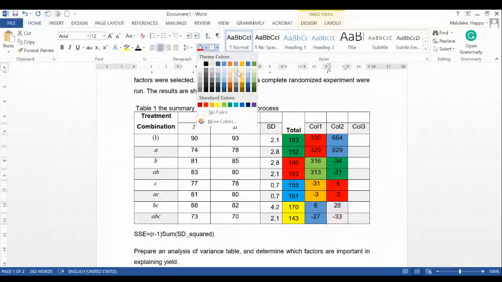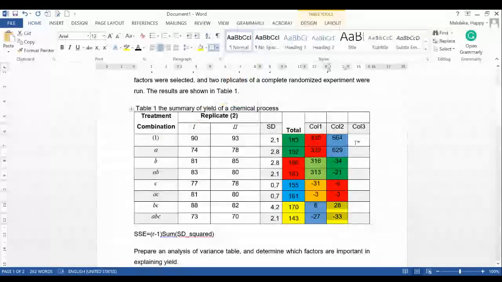When you have 3 factors. Treatment is something else. Recall what was said: you'll be guided by the number of factors that you have. If you have 3 factors, you are going to have 3 columns. If you have 2 factors, like the one that we did last week, you have two columns. 2 factors, 2 columns. 3 factors, 3 columns. 10 factors, 10 columns.